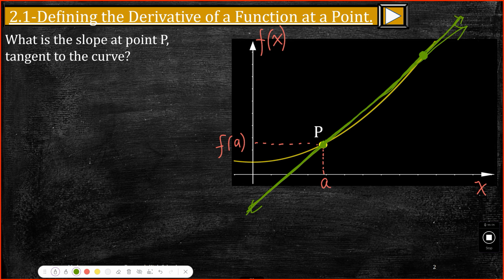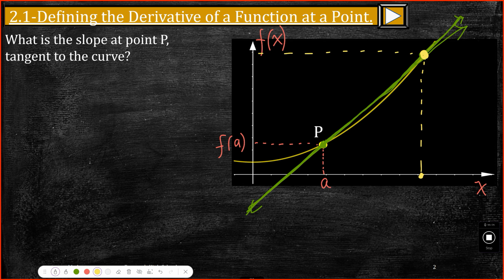So the slope of the secant line, we can call it m secant. But let's first figure out what would be the coordinates of this point. What would be this value here, and what would be this output here?